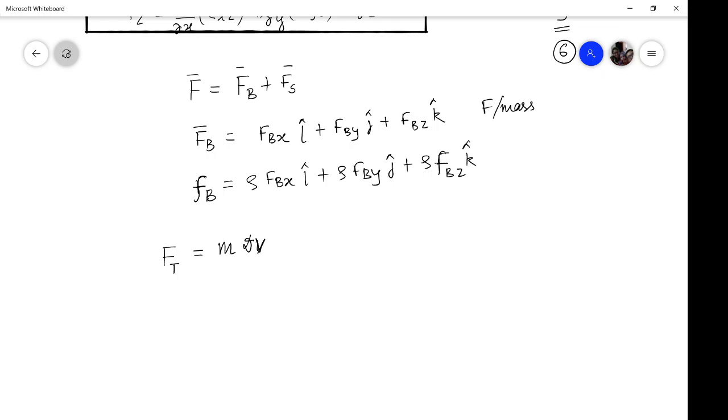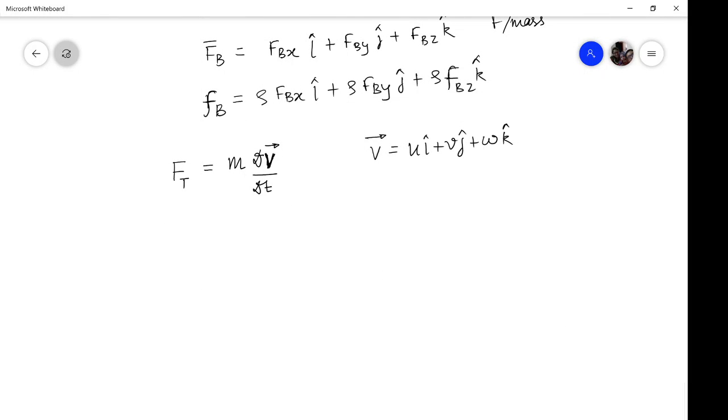If this is the velocity vector, then the total acceleration is the substantive or material derivative of the velocity, because we are talking about a system. So what is V here? V is the velocity, that is ui plus vj plus wk, where u, v and w are the components of this velocity in the x, y and z directions. Now the total force can be written as body force plus surface force in the x direction, y direction, z direction, likewise accelerations.